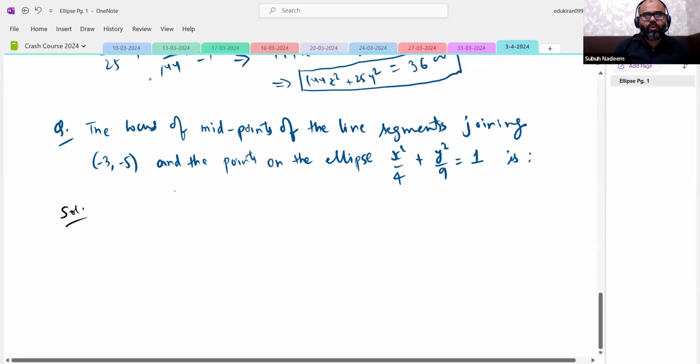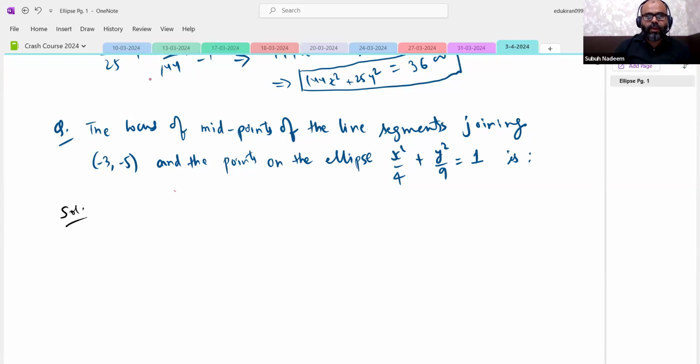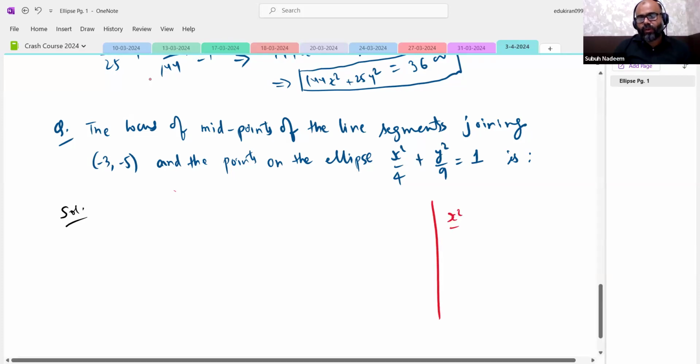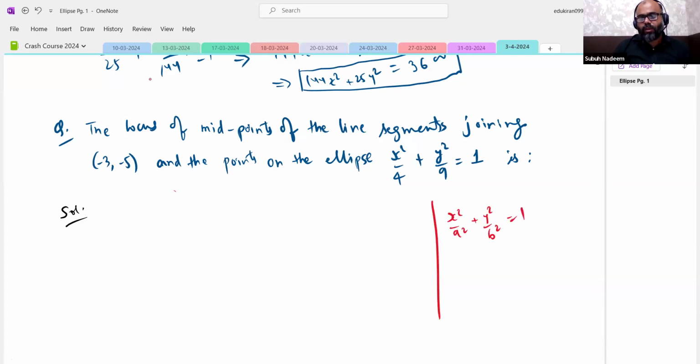So what you have to do, you have to take the point on the ellipse in parametric form. If the ellipse is like x square by a square plus y square by b square is equal to 1, then the point would be a cos theta comma b sin theta.